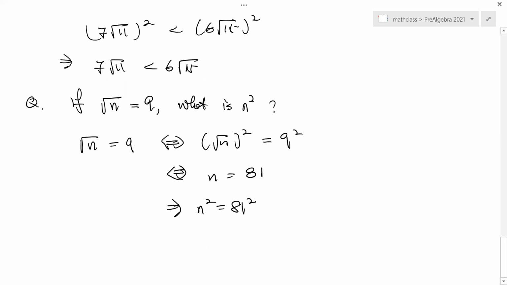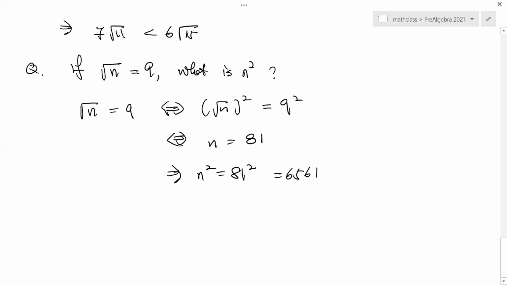You have to do the computation: 81 times 81. That's going to be 6,561. That's a very big number.